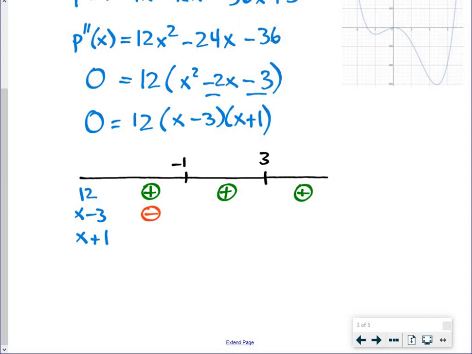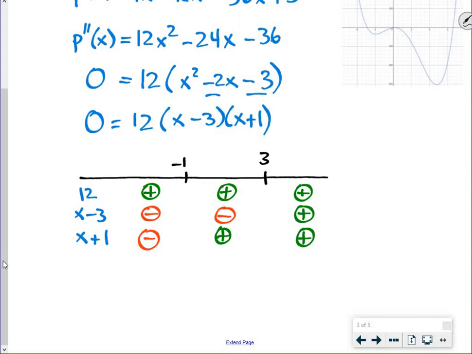That would be negative. X minus 3 will be also negative on this interval. So if you chose like x equals 0, it'll be negative. And then to the right of 3, we're looking at positive. Okay, and then last, x plus 1 will be negative on that interval. Then it will be positive and positive.